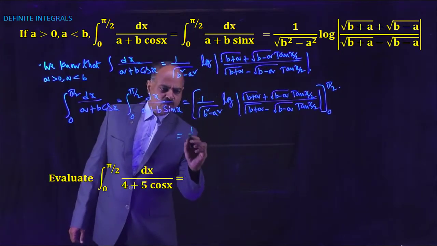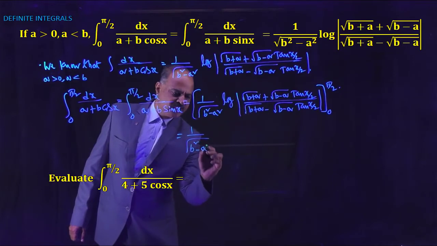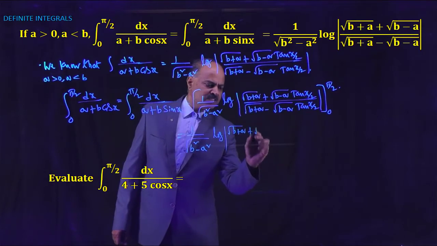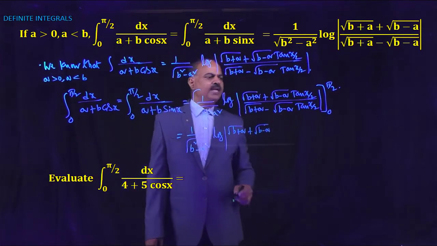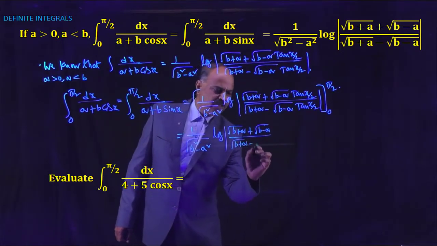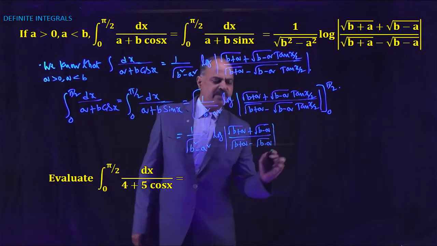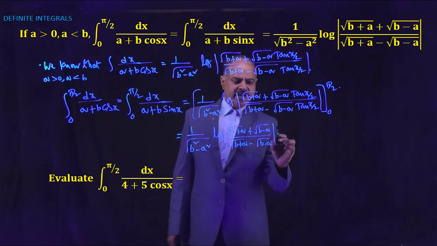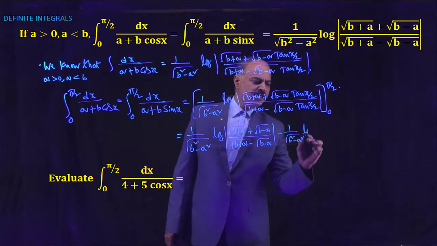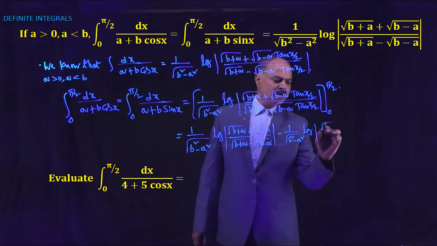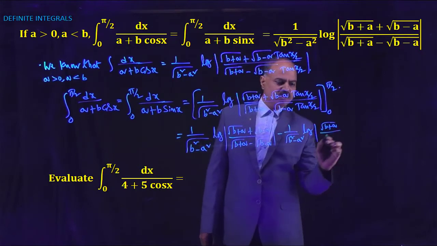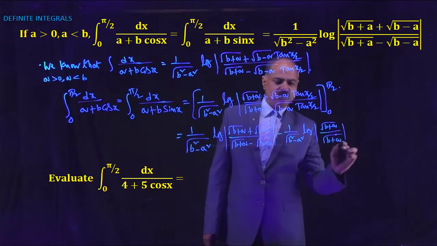So that is equal to 1 by root over b square minus a square into log modulus of (square root of b plus a plus square root of b minus a into tan pi by 4) by (square root of b plus a minus square root of b minus a), minus 1 by root over b square minus a square into log modulus of (square root of b plus a plus square root of b minus a into tan 0, which is 0) by square root of b plus a.